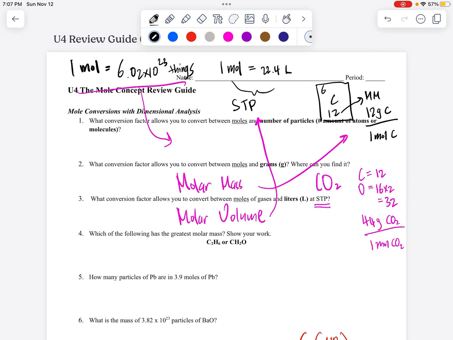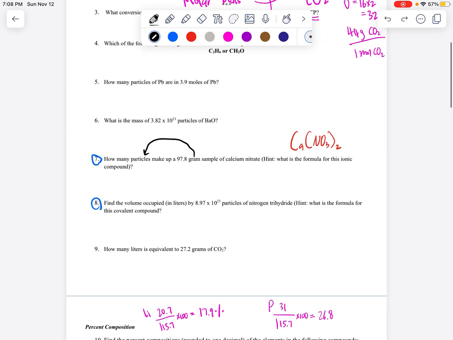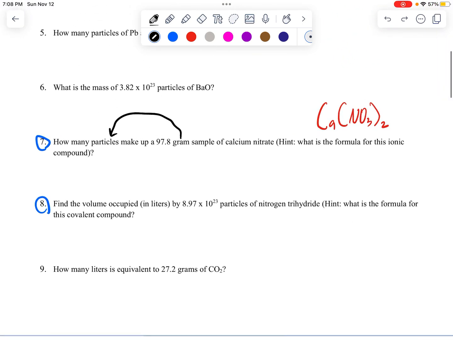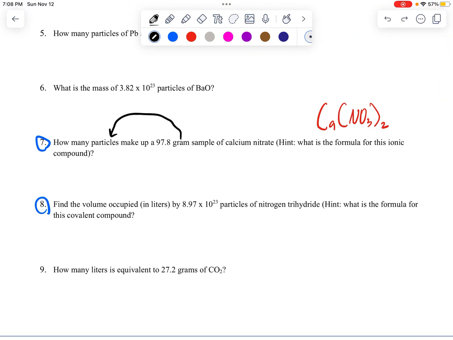What I'm going to have to do is go from grams to moles using the molar mass, and then once I have the number of moles, I can go from moles to the number of particles. So it's not a one-step process. It's actually a two-step process.